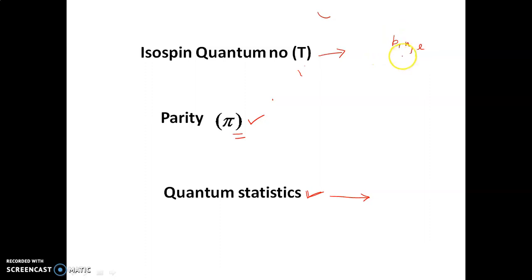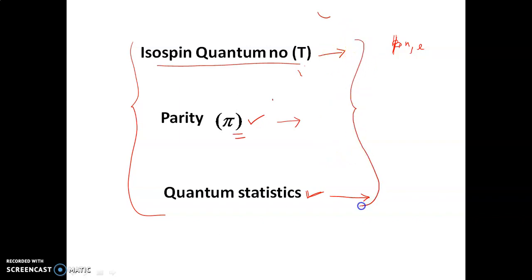All those which undergo nuclear interactions have the isospin quantum number associated with them. Parity is also a very quantum aspect which we will do later on. So these 3 points we will be doing later on. Since we are doing the general properties of the nucleus, we just introduced ourselves to these 3 topics.